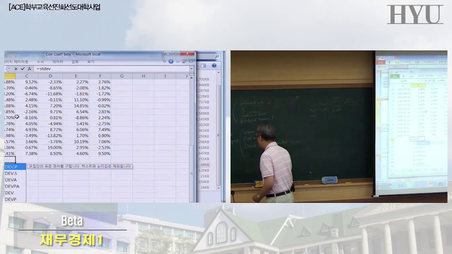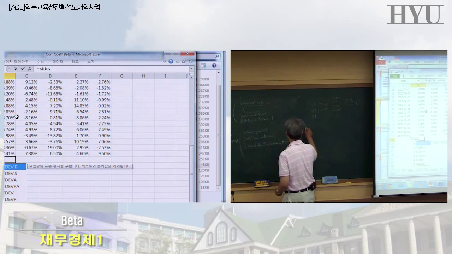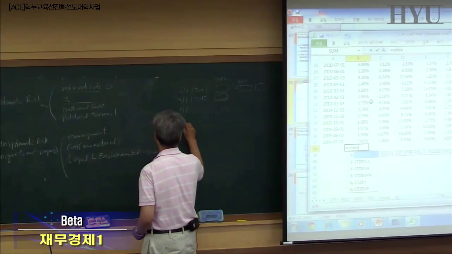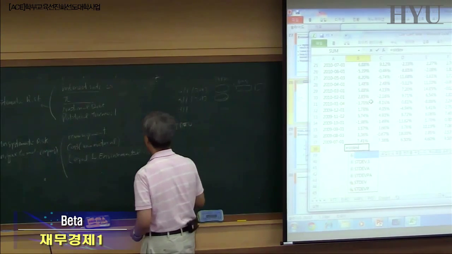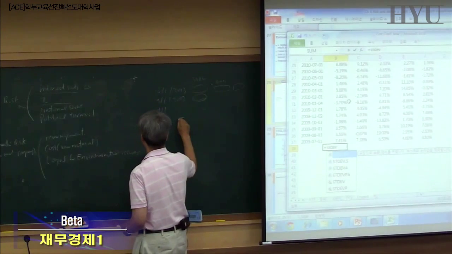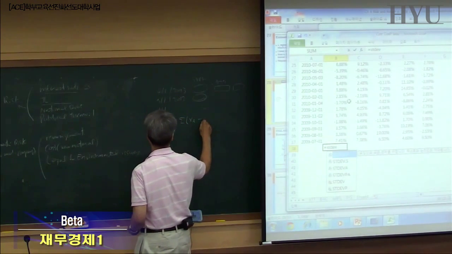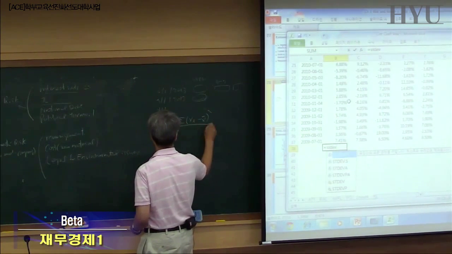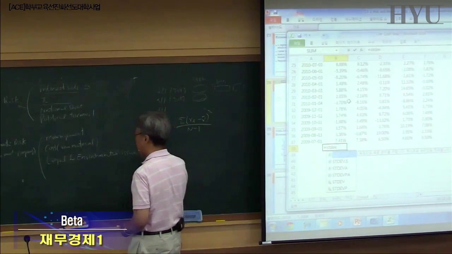If you just use STDEV in Excel, it's going to give you sample standard deviation, which is the summation of xi minus x bar squared over n minus 1.